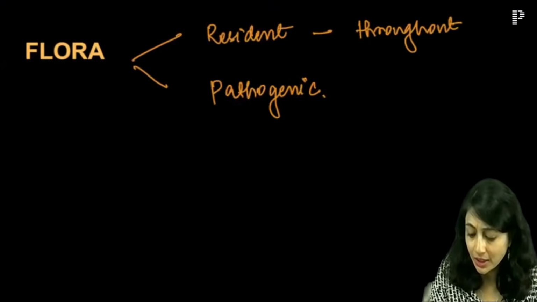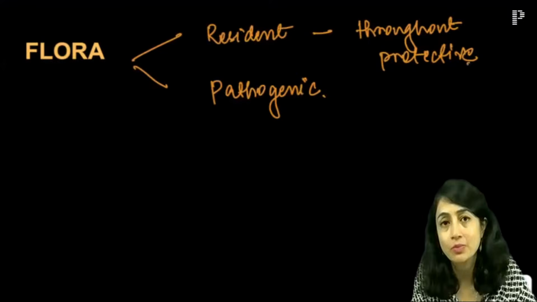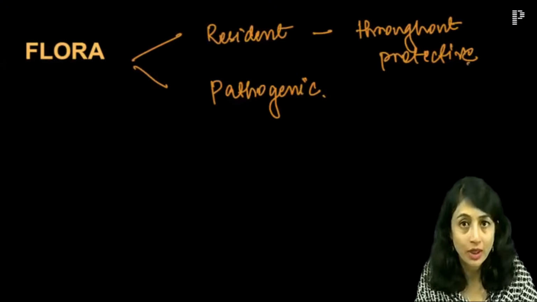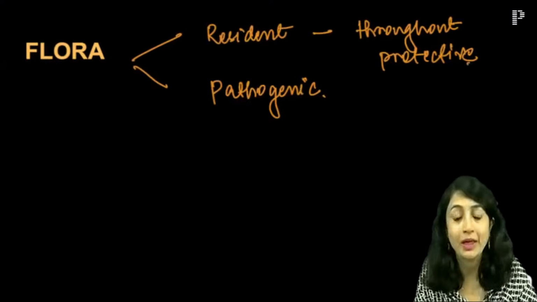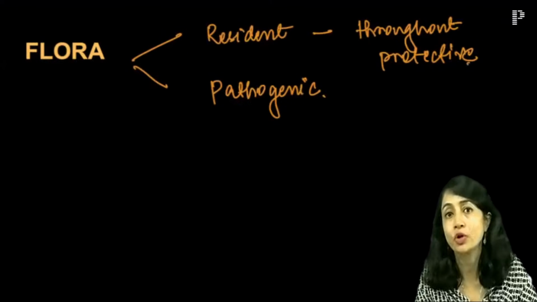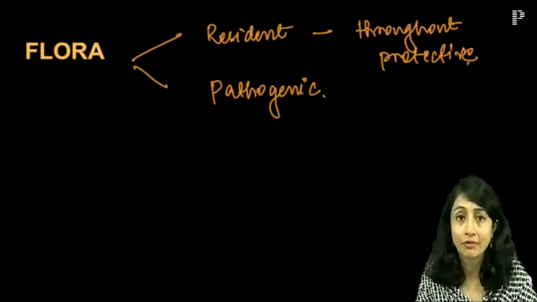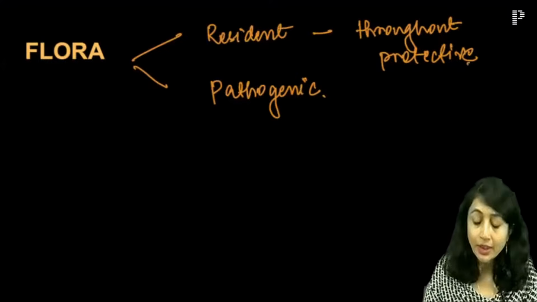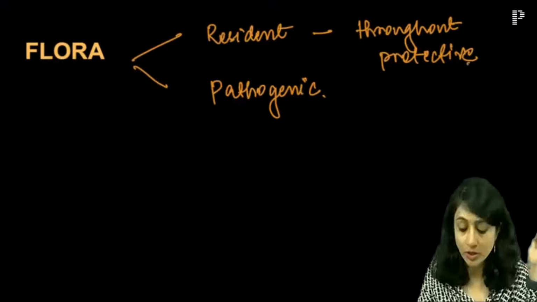It is basically a good layer of microorganisms which covers my skin and protects it from getting inhabited by bad microorganisms. Some examples of resident flora would be Staph epidermidis, Pityrosporum ovale. Then Malassezia is also a resident flora in the skin, but it is not a bacteria.